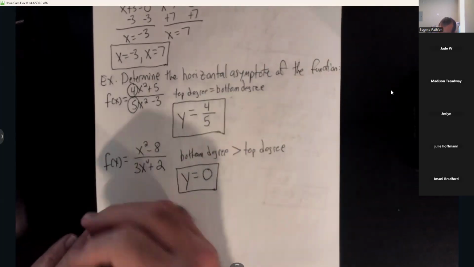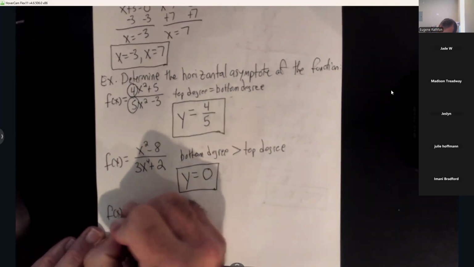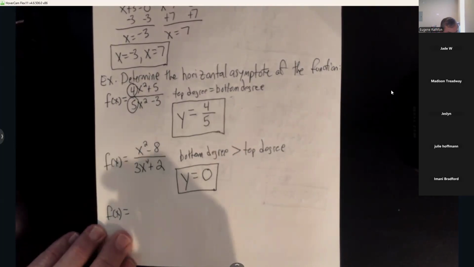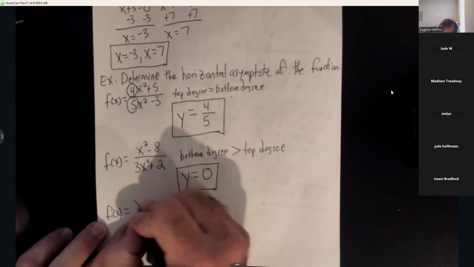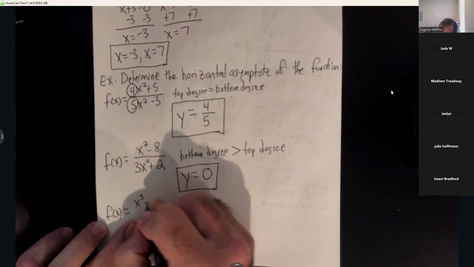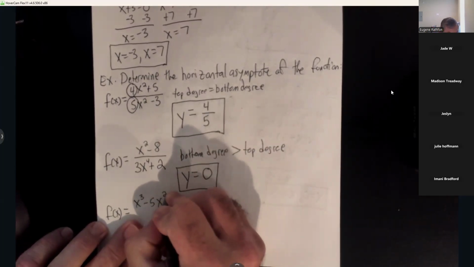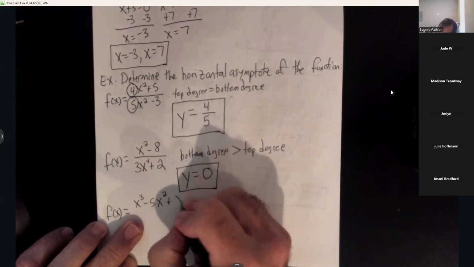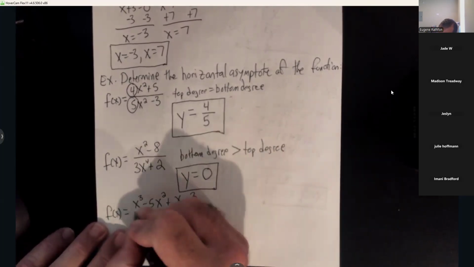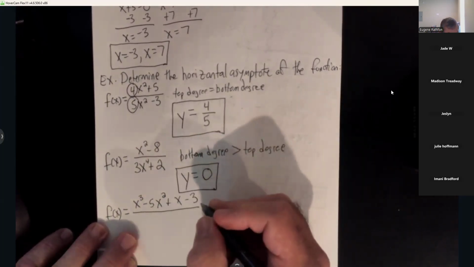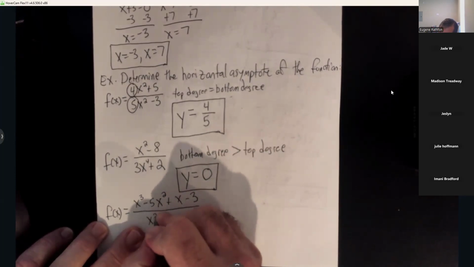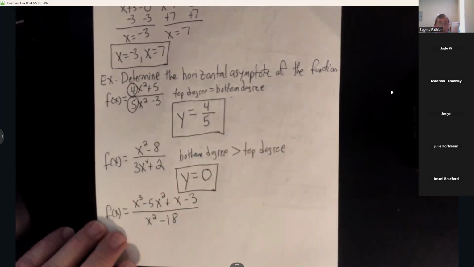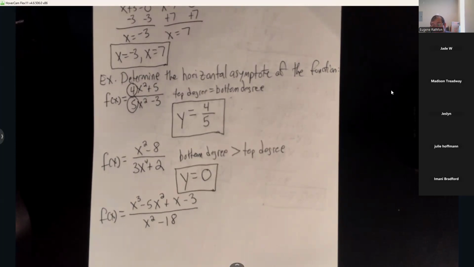So it looks like these examples, they're giving me one of each, ain't they? And y'all look at this one. F of x equals x cubed minus 5x squared plus 4x minus 3, all of that over x squared minus 18.